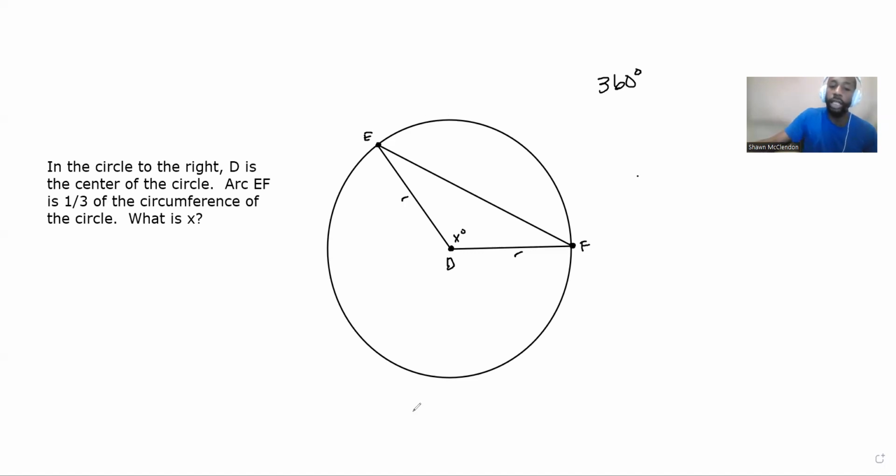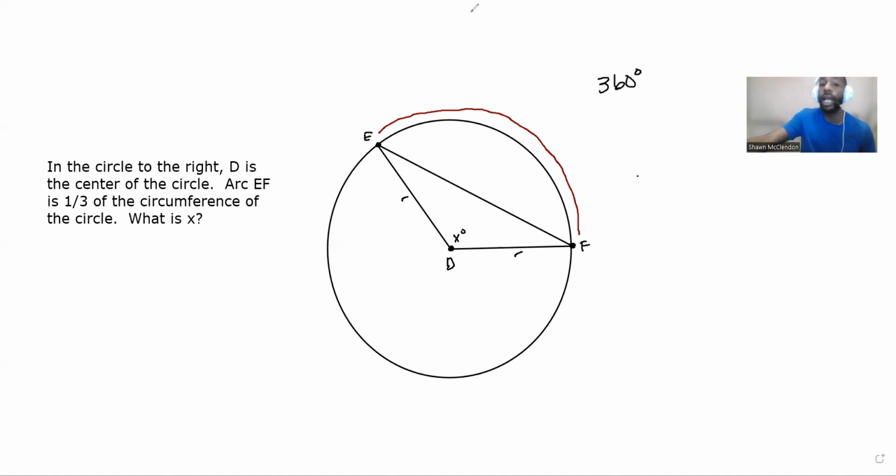Now, they also tell us that arc EF is part of the circumference. An arc is like a piece of the perimeter of the circle. Circumference is like the perimeter of a circle, and an arc is like a piece of that perimeter. Arc EF is 1/3 of the circumference of the circle.